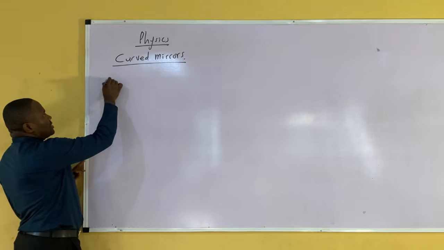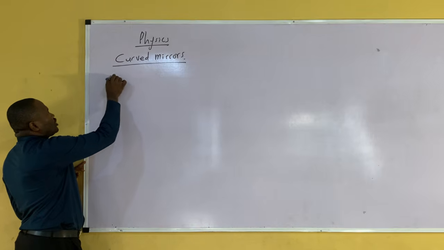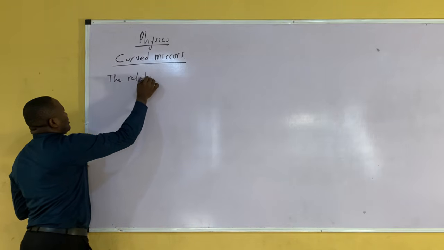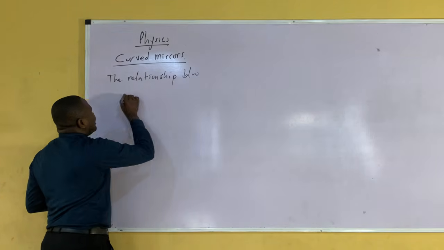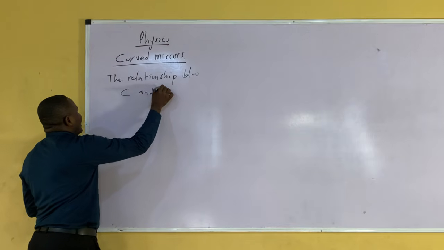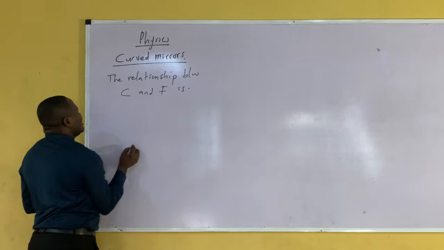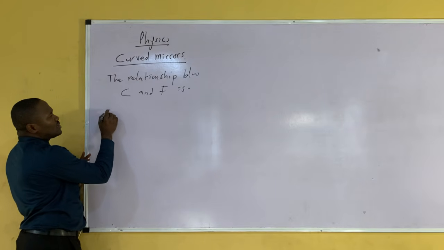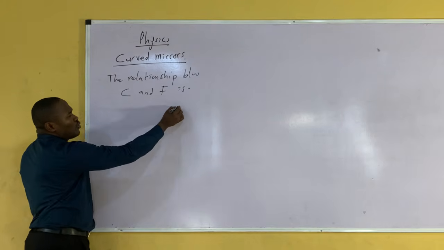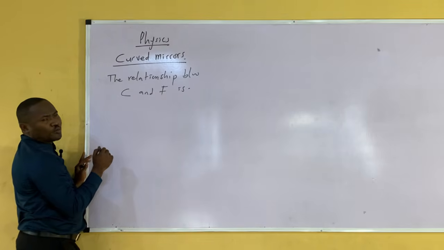So we can now say that the relationship between C and F is that the distance between C and the pole, which is the radius of curvature.